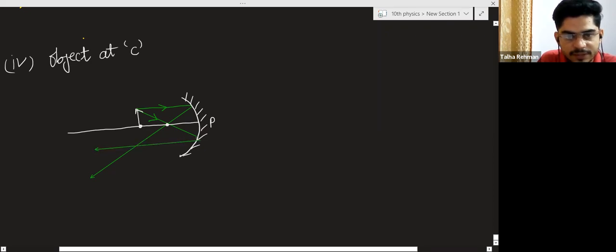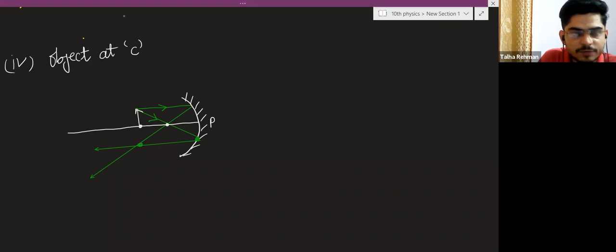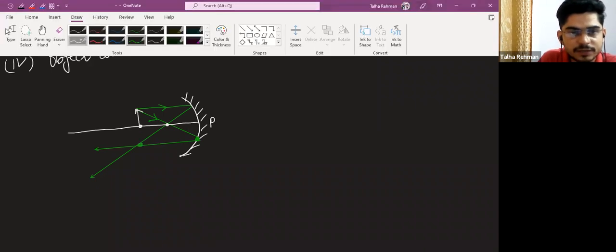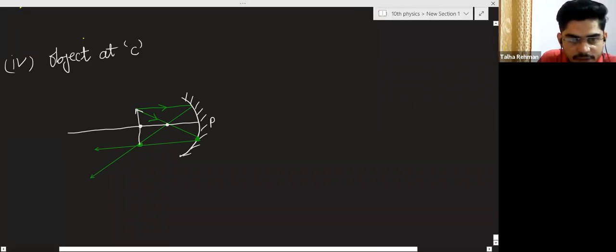So Azaan, please imagine this. This is the point. And this ray is meeting here, somewhere here. And from here, I can say that the image is like this.